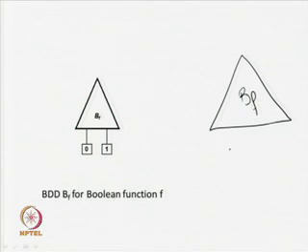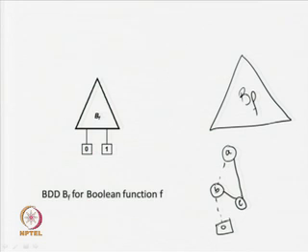Just look into the previous example. Say I have A, then B. If B equal to 0, then I have the functional value as 0. If B equal to 1, I come to C. If C is equal to 0, the functional value is 0, and if C equal to 1, my functional value is 1.